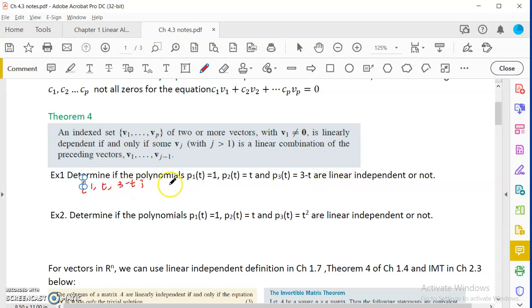So obviously you can see that p3, equal to 3 minus t, is actually 3p1 minus p2, right?